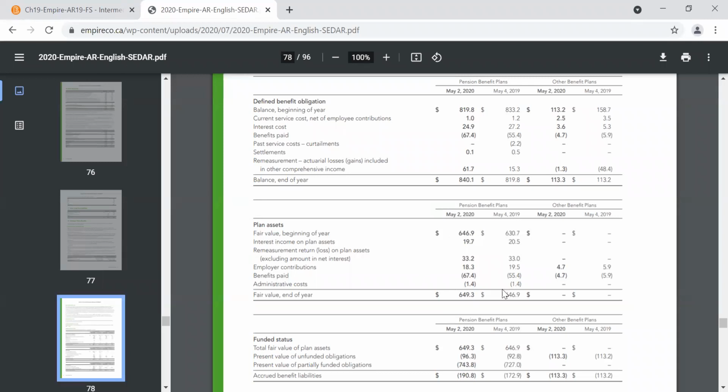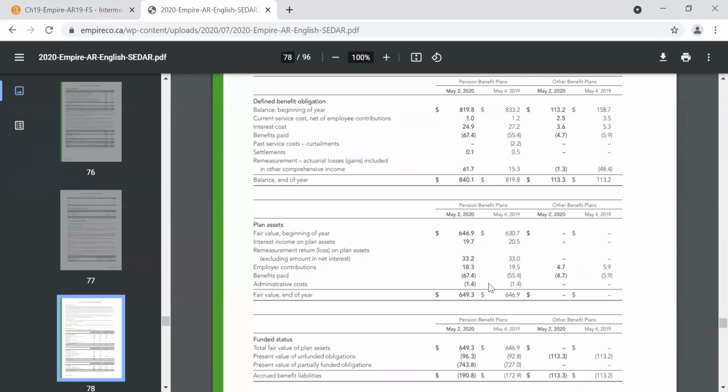So that gives you the balance. Look at the other benefit plan. They have none of that trouble. So the benefit paid is this amount, and they contribute the same. So basically they pay as they go. There's no funding of those benefits. But other than that, it's the same.